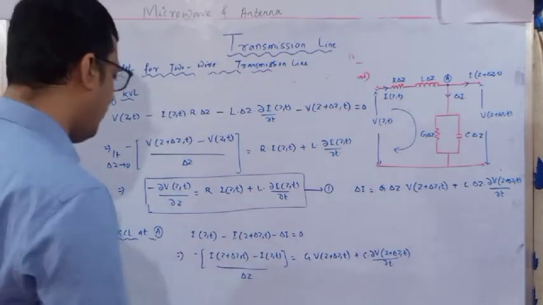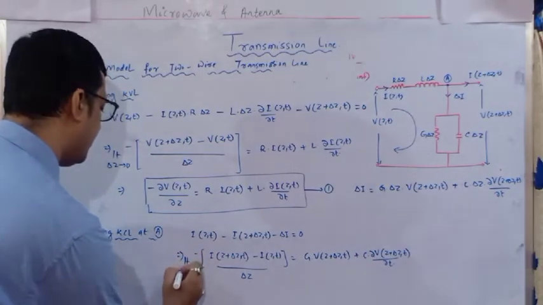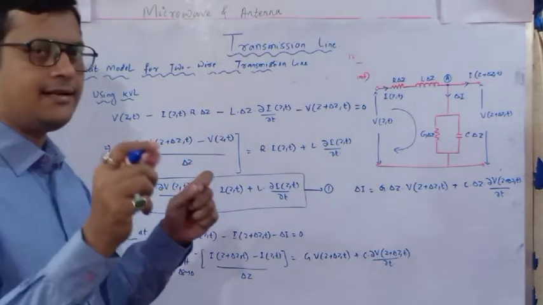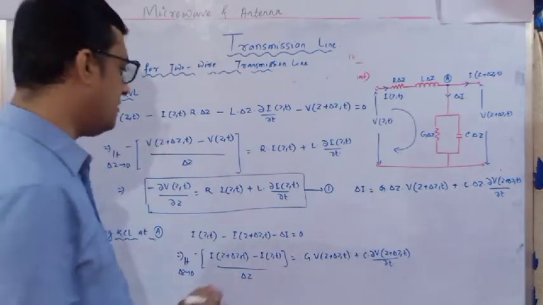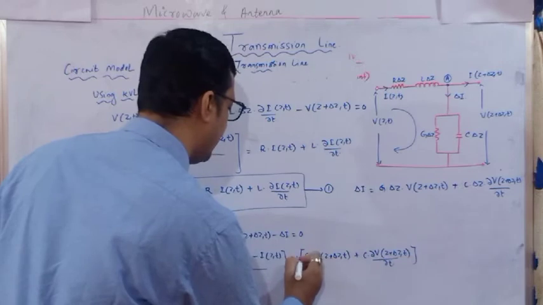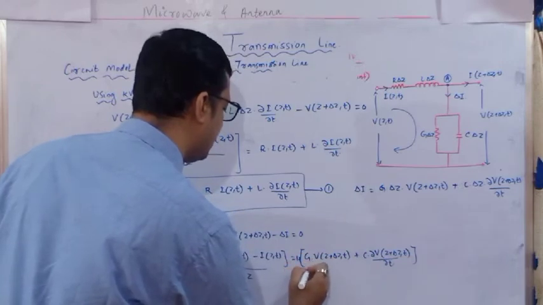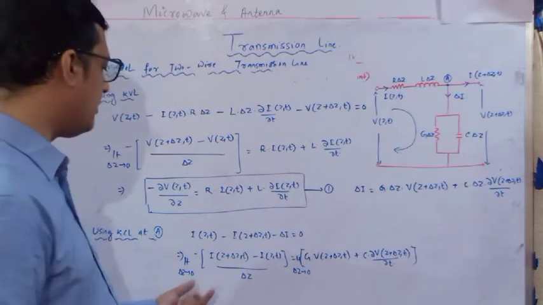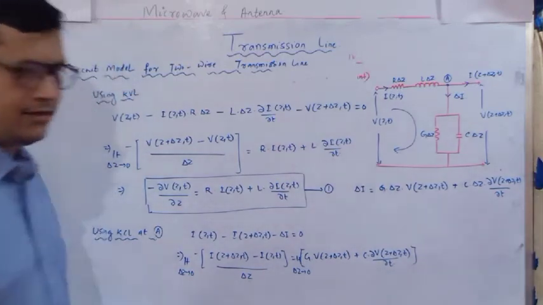Done. Now what do we have to do? Again here the limit del Z tends to 0, because that incremental length is very small. So on both sides I will take the limit del Z tends to 0. Now if you take del Z tends to 0, the equation we will get, 1 minute.